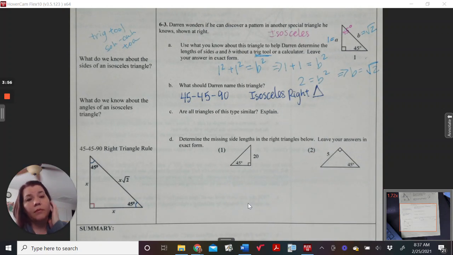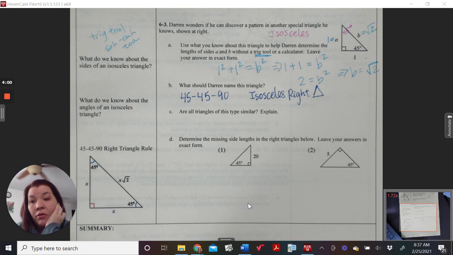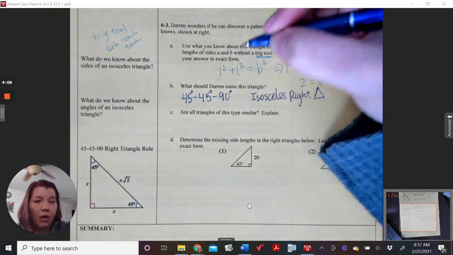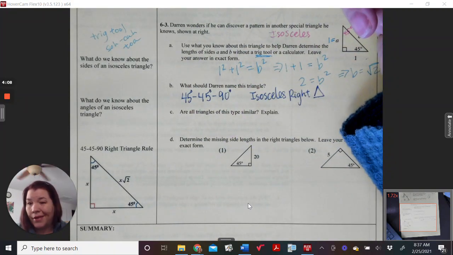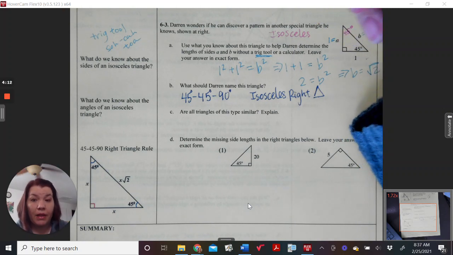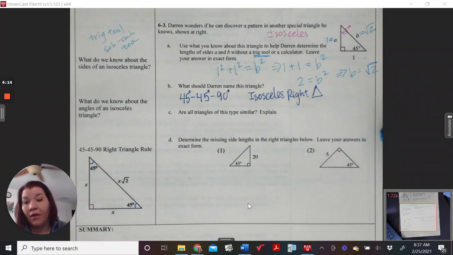And so now we want to figure out if all triangles with these angles, the reason we use angles, by the way, are similar. And so if we recall from our similarity stuff at the start of the year, triangles are similar if they have 2 angles that are the same measure. And so all 45, 45, 90 triangles have 3 angles that are the same measure.